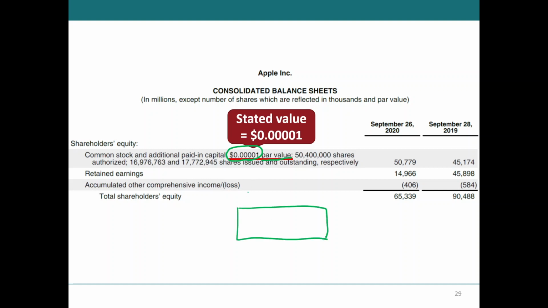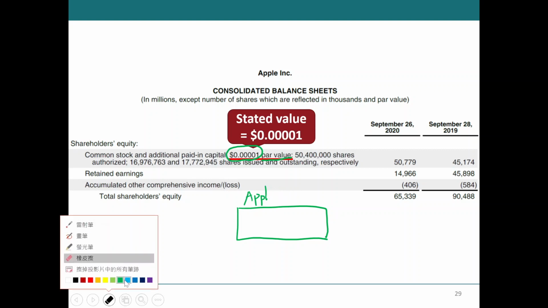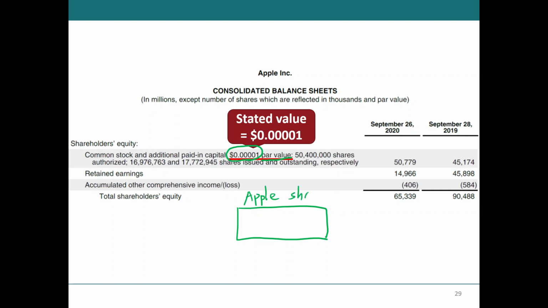So for Apple shares, it decided to put 0.00001 on each share. This is a static value.